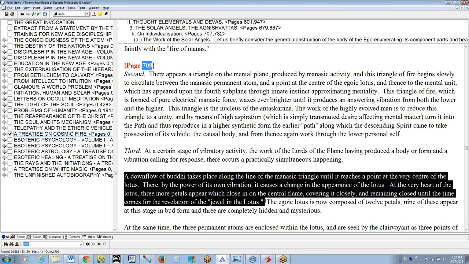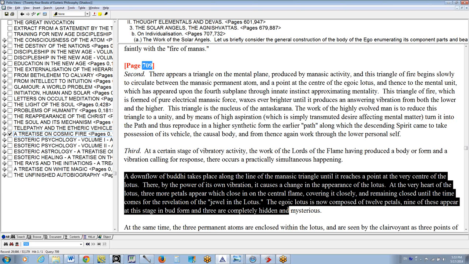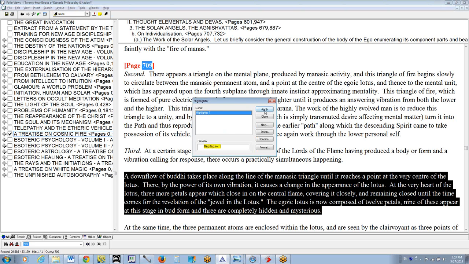We're really talking about the initiatory process. The Egoic Lotus is now composed of 12 petals. 9 of them appear at this stage in bud form, and 3 are completely hidden, and, at least at that time, mysterious.